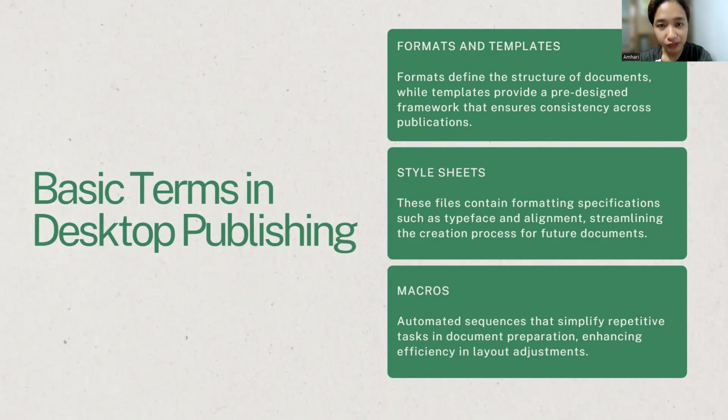Next is style sheets. These handy files contain formatting details like typeface and alignment, making it easier for you to create future documents. Sa isang publication team, gumagamit ng style sheets for you to know the typeface and the alignment or yung basic adjustment or justification ng isang document along with its picture. Next is macros. Ito ay parang shortcuts.